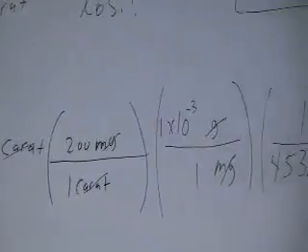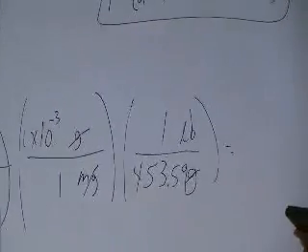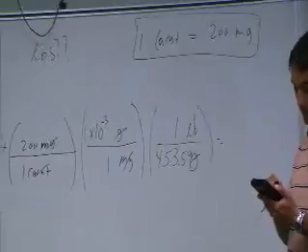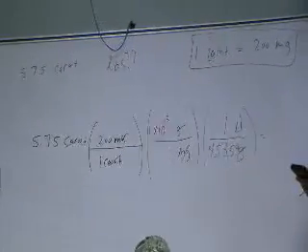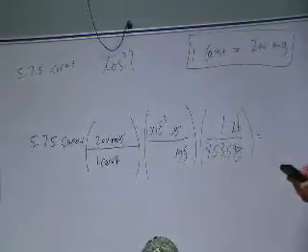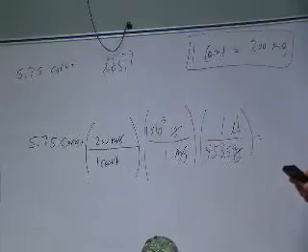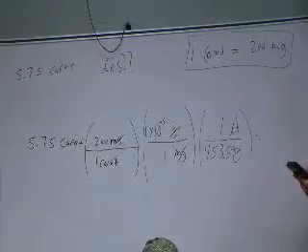Hitting the enter button and I'm getting an error. What is going on? I see why. Okay, 5.75 times 200 times 1 times 10 to the minus 3 divided by 453.59.